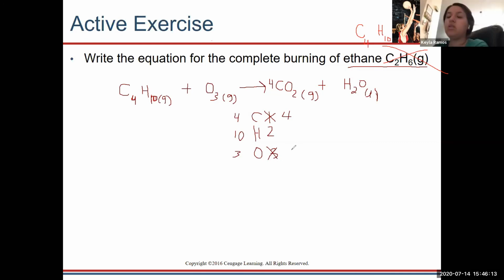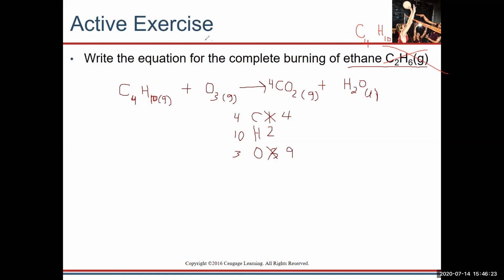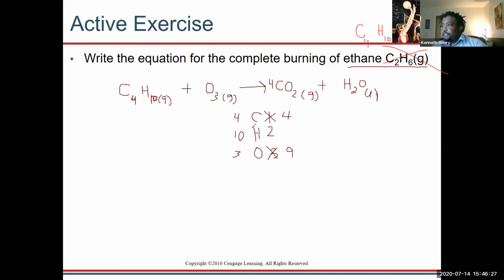Or 9, sorry. 9, okay. And then you have 10 hydrogens. We need to change 10 hydrogens. So what do I need to do to get 10 hydrogens? Put a 5 in front of H2O. Okay, so that gives me 10 hydrogens.